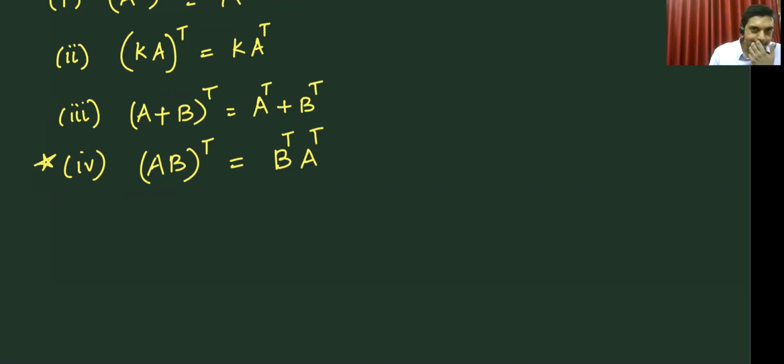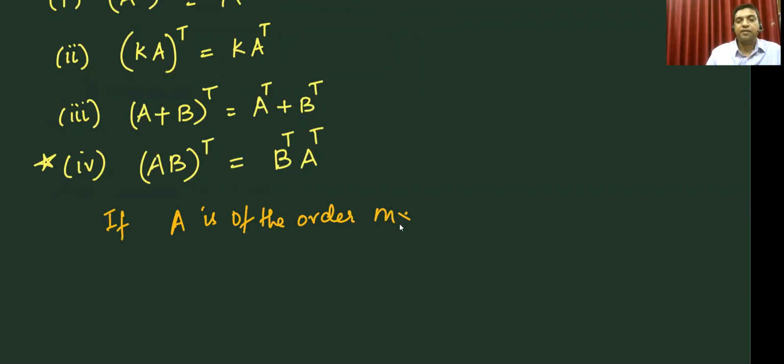Why? Very simple. Say A is of the order m by n, and B is of the order n by p.